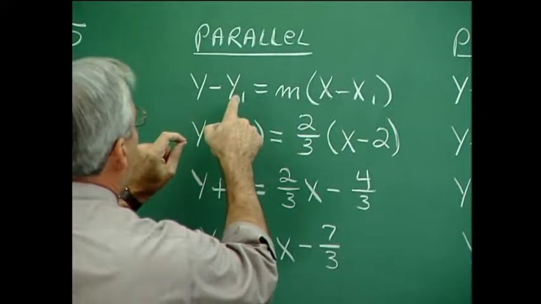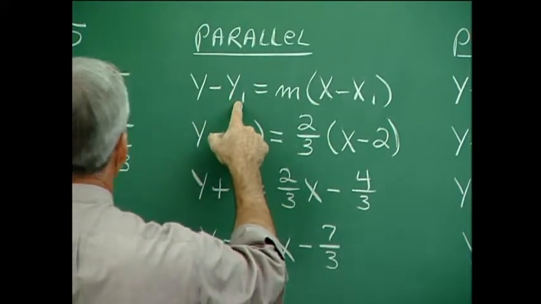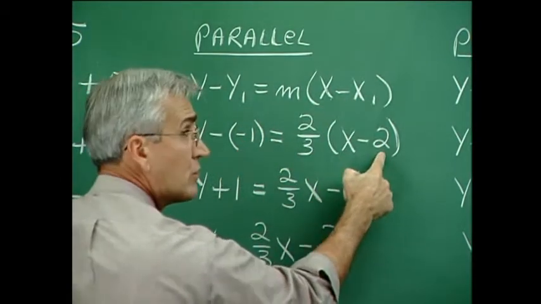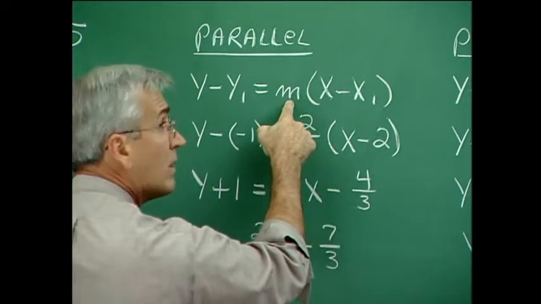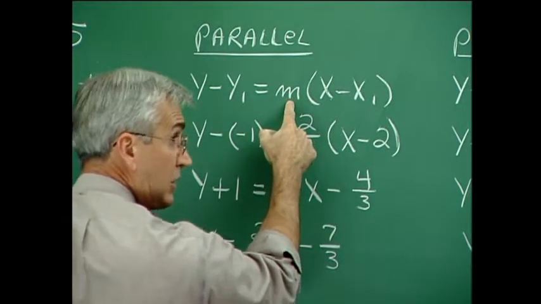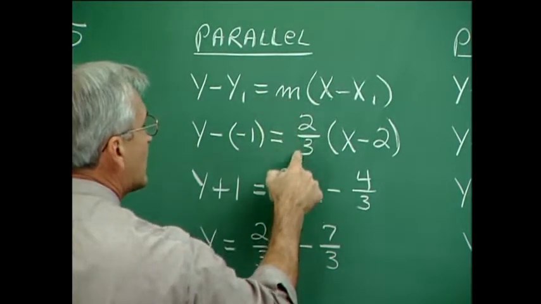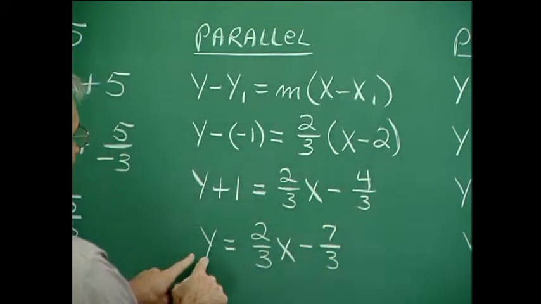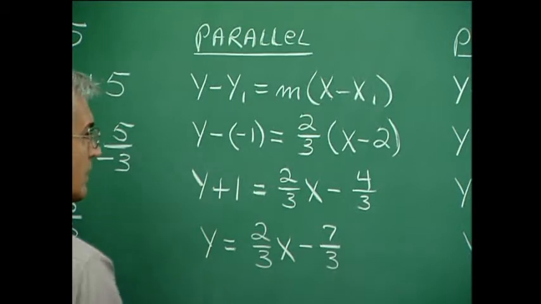And now the y component, remember it was going through the point 2, -1, so the y component is -1, the x component is 2. And the slope of a line parallel to the one that we had earlier is that same slope of 2/3. And now we just clean this up a little bit and we have y is 2/3 x minus 7/3.